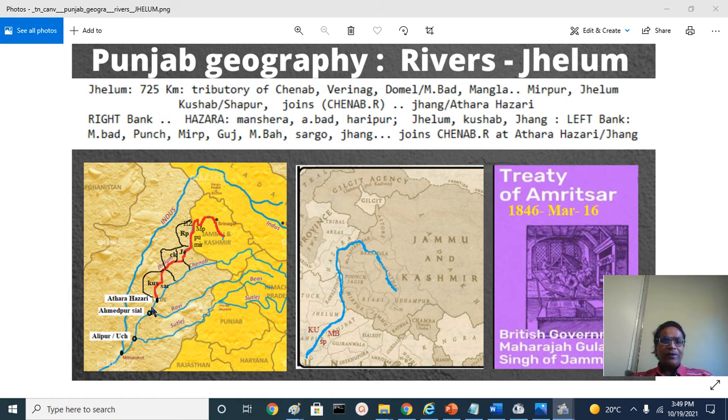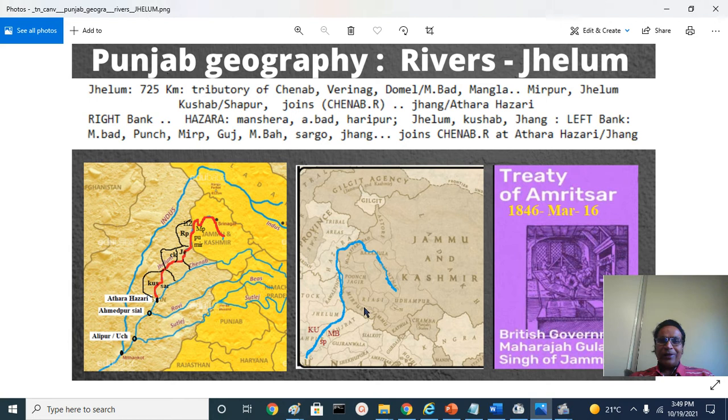It joins River Chenab, to which it is a tributary, at Ataran Hazari and near Jang or Trimu Bridge. And the river is the historic separation point between the British districts of Punjab, of Hazara district and Rawalpindi districts on one side, and JHELUM, and on the other side Muzaffarabad, Poonch and Mirpur.